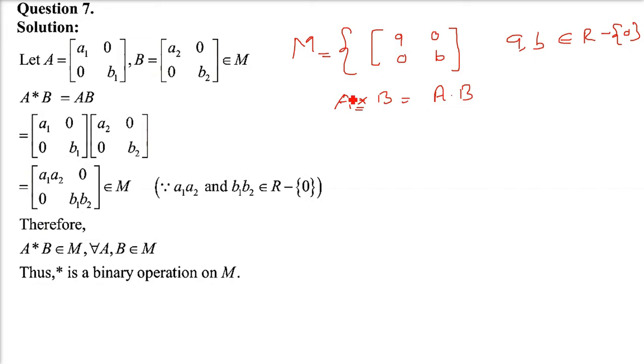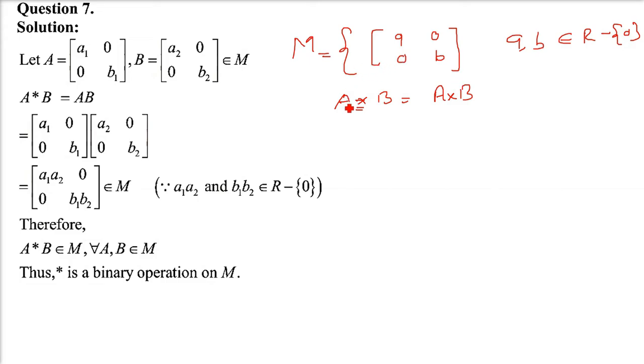Prove that. Okay, let us take A and then B, and then we do the operation. So you have to multiply it basically. So let us take A and B and just give the elements as a1, b1 and a2, b2. Or you can take any other value, it's up to you.